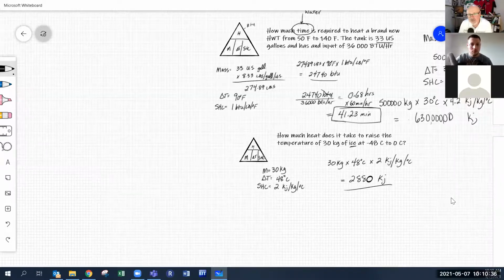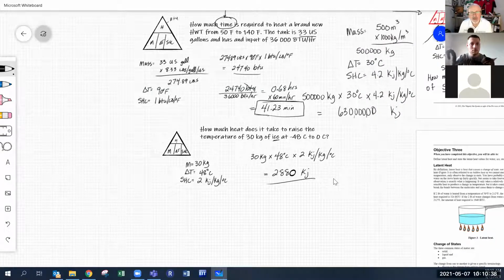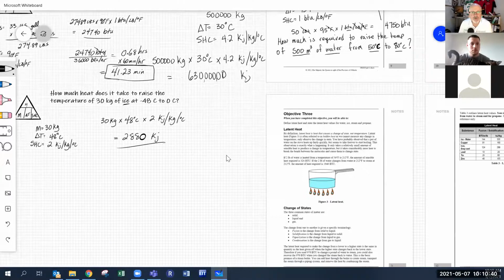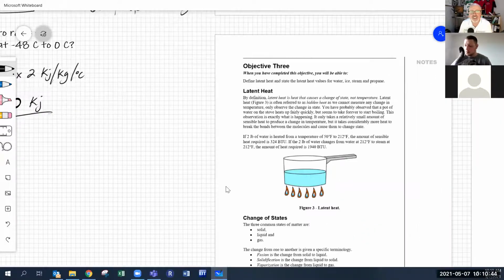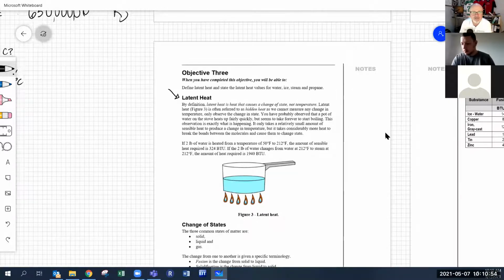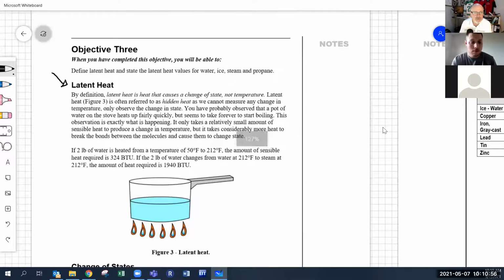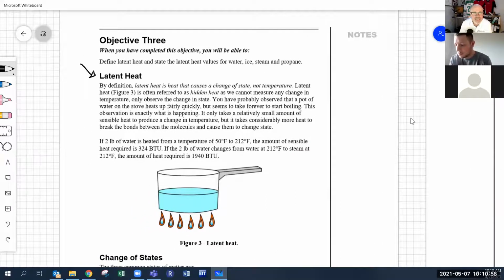So as we move on, we're going to come to objective 3, where we actually change the state of this substance. Latent heat, by definition, is the heat that causes a change of state, not temperature.